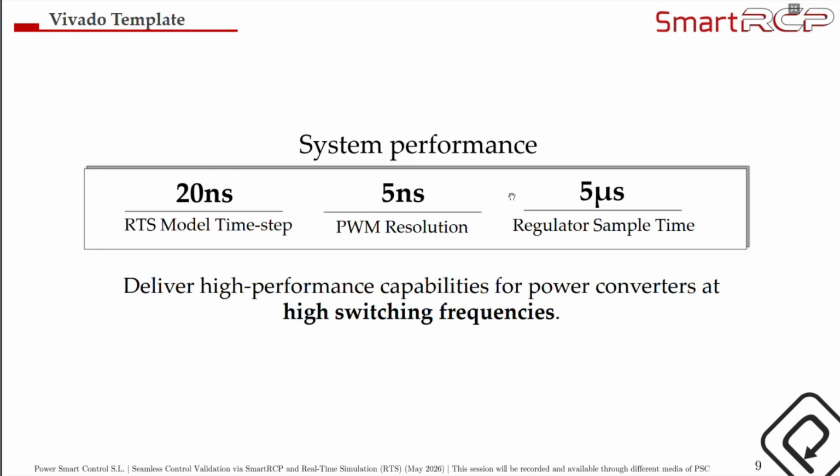So the performance achieved with the IPs is covered in this slide. With the IPs developed for the SmartRCP, we can achieve 20 nanoseconds for the real-time model, which is industry leading for this type of devices and essential for simulating converters operating at switching frequencies around tens of kilohertz up to 100 kilohertz.